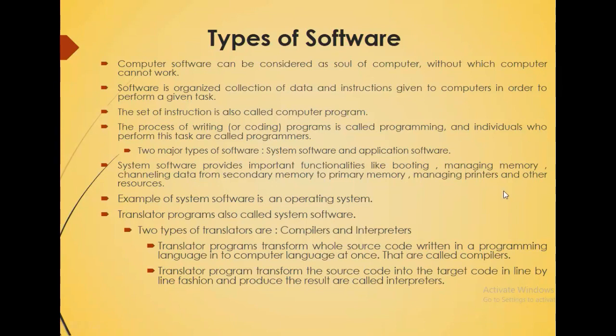Then managing memory: system software manages primary and secondary memory. It also channelizes data from secondary memory to primary memory, because programs and software are stored in secondary memory, that is your hard disk. System software finds the necessary software code from your hard disk and sends it to primary memory for any task to be performed.